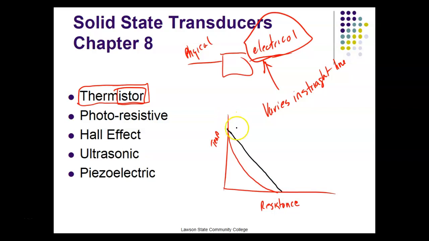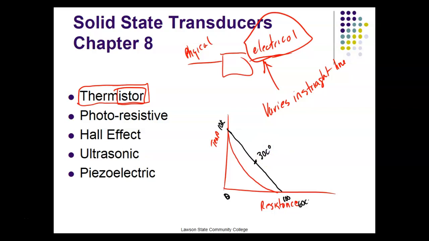You know, if it had 10K when it was at 0 degrees, and then it had 100 ohms when it was at 60 degrees centigrade, then you can say, okay, what would it have if this was 0 and this was 60? Then if it was right there, by George, that circle would be 30 degrees centigrade or Celsius, because it's linear, right?